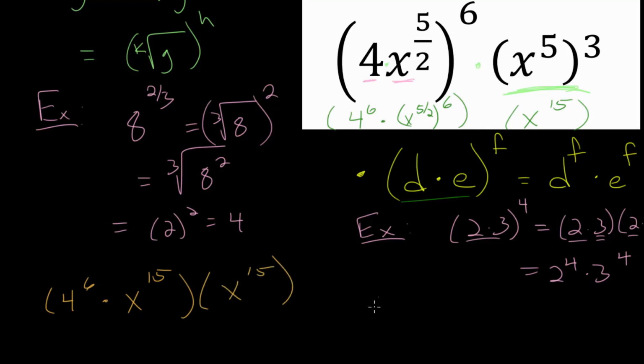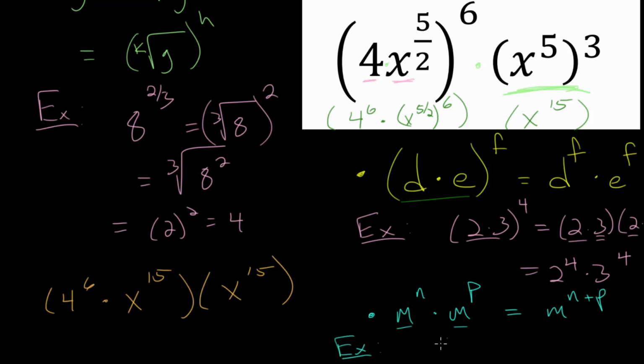And the last exponent property that we need is if we have, let's say, m to the n multiplied by m to the, let's go with p. When we have two exponential expressions multiplying and they have the same base, we just add the two exponents, n plus p. And again, this does make perfect sense.